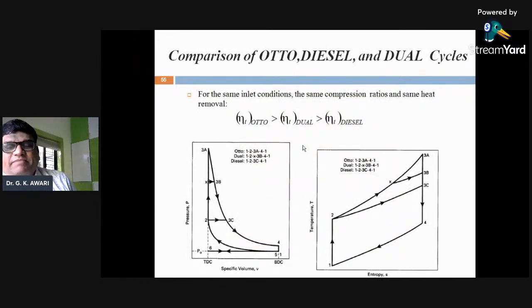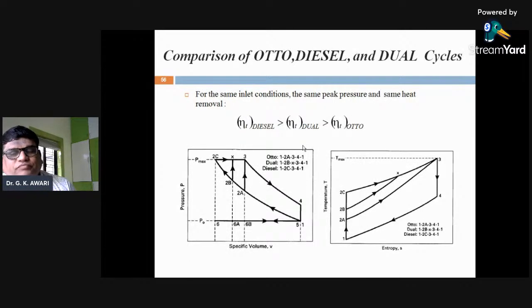For the same inlet condition, the same compression ratio and the same heat removal, the thermal efficiency of the Otto cycle is greater than the thermal efficiency of the dual cycle, and the thermal efficiency of the dual cycle is greater than the thermal efficiency of the diesel cycle.